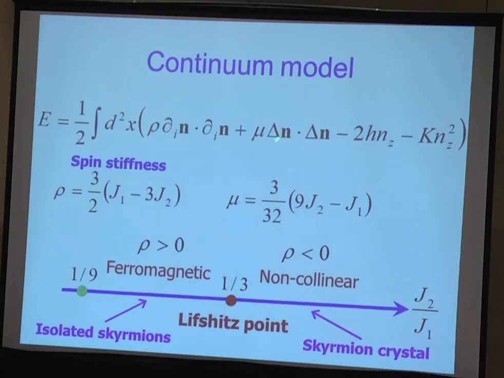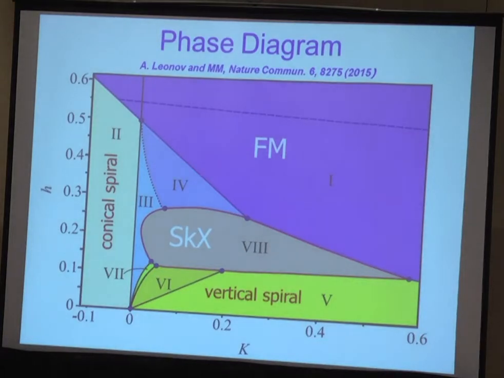What you need, however, is that this fourth order term, this coefficient, has to be positive, but it is positive if the next nearest neighbor interaction is larger than 1/9 of the nearest neighbor interaction, which is not so difficult to arrange, in fact. But importantly, if you take just a ferromagnetic model, then of course it will not work. Okay, so let's first discuss this strongly frustrated regime.